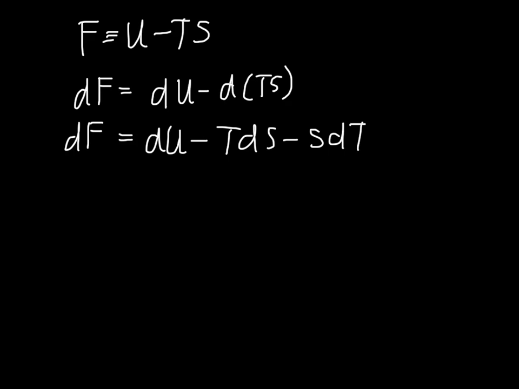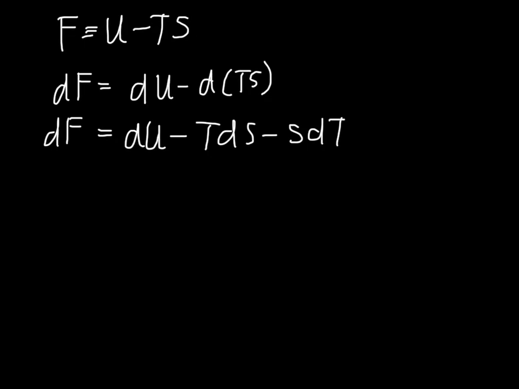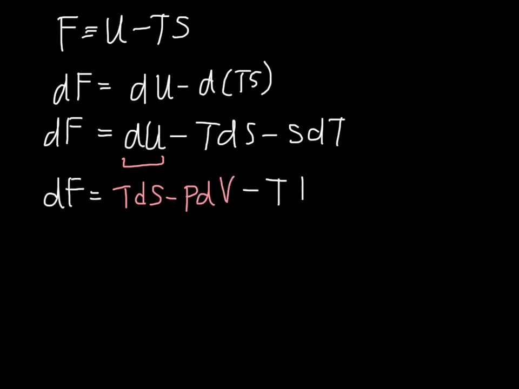Now we are going to substitute in for dU the combined first and second laws. So we're going to say that this is TdS minus PdV, and then keep what we have here.